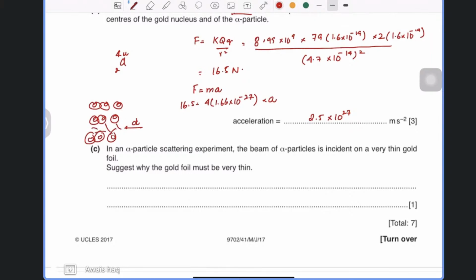All right, is it clear? So the main reason at that time to do so was to make sure that the alpha particle went through a single interaction.